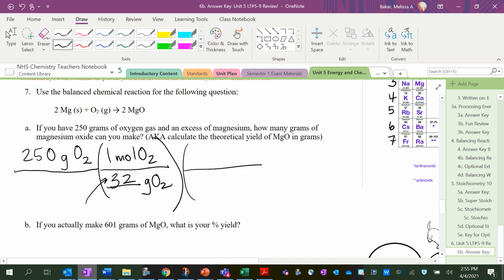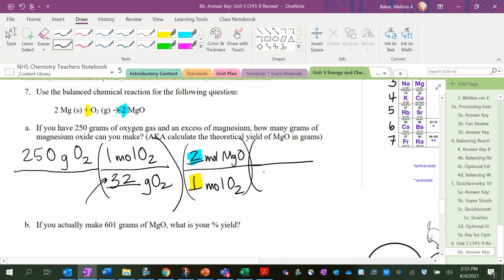Next step, we're going to be using the balanced chemical equation. Blank moles O2 on the bottom, blank moles MgO on the top. So for every 1 mole of O2, you make 2 moles of MgO, a 1-to-2 ratio.